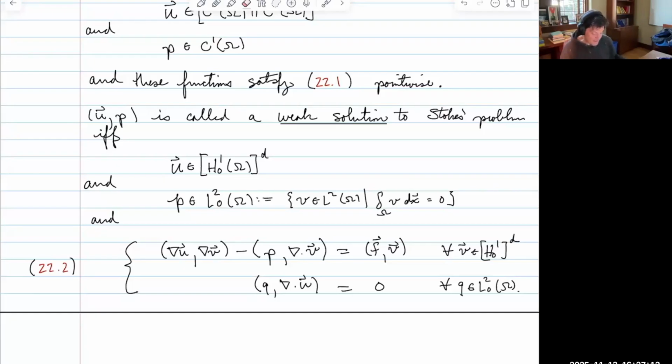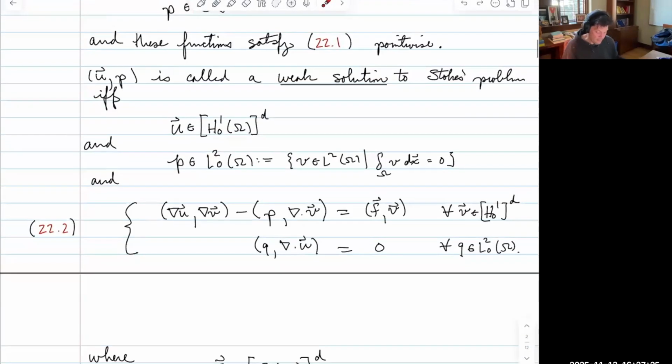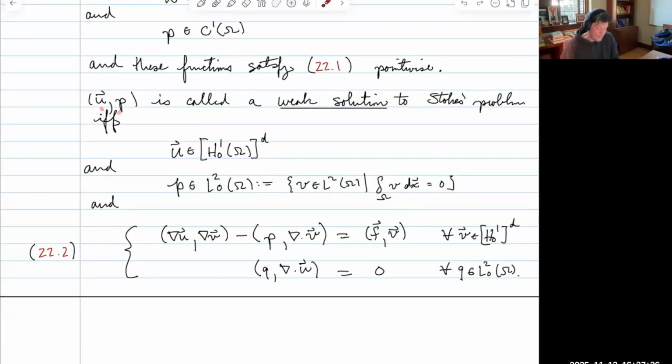I multiplied by the test function, integrated by parts, and I now get two equations. So there's my equation equivalent to the first equation, and the divergence-free condition transforms into this condition here. I'm looking for a pair of functions, u and p, with these regularities which satisfy this equation. Now it doesn't satisfy the equation pointwise anymore.